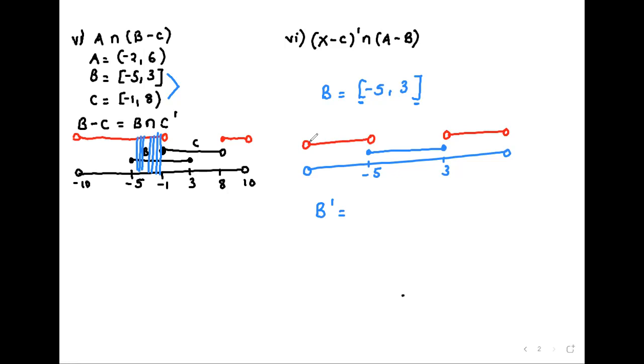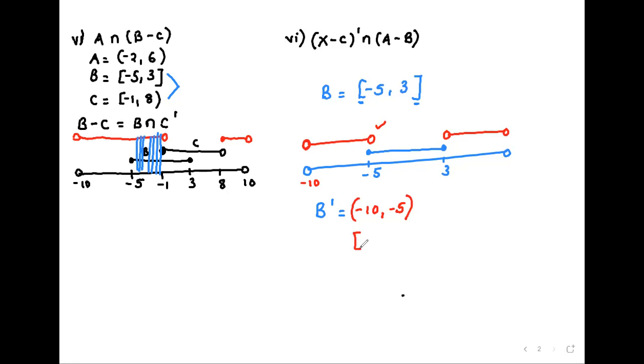The answer now will be -10. Because it's open, I'll use this bracket. -5, because it's open, I'll use this bracket. So in your answer, you'll be looking at the circles that you have there. Are your circles closed or open? If your circles are closed, then you'll also be closing. If your circles are open, then you'll be opening as well.